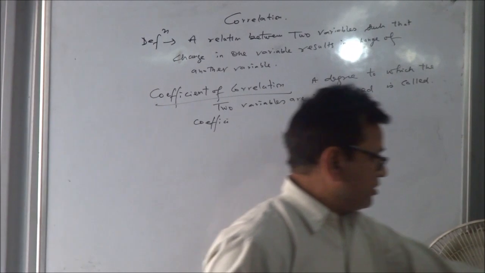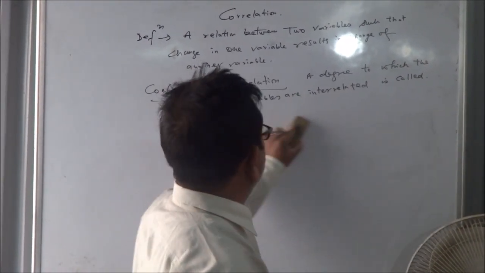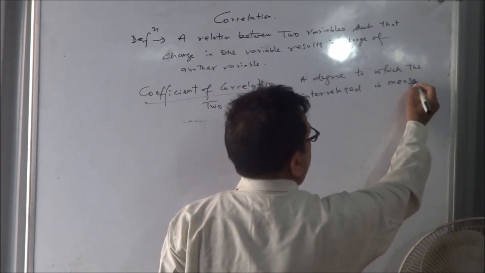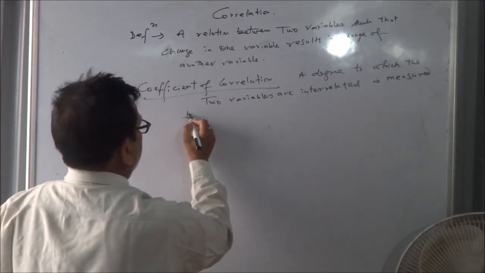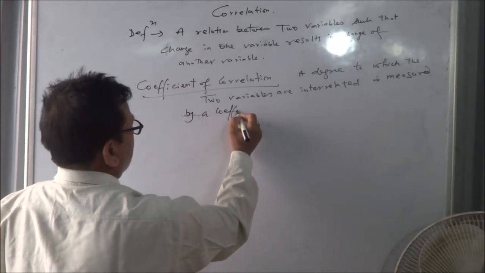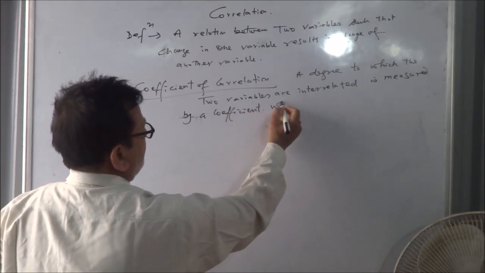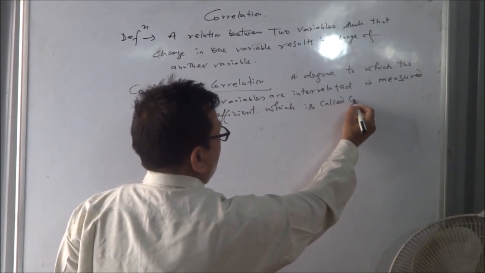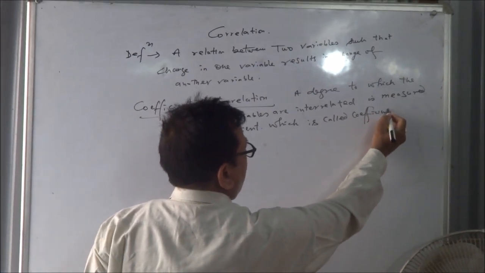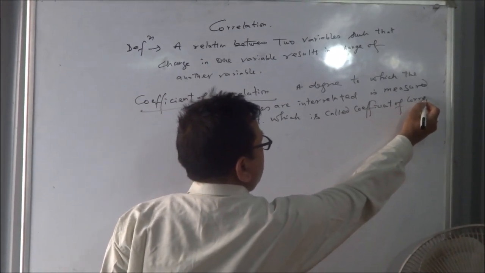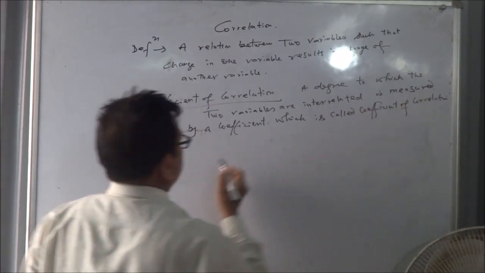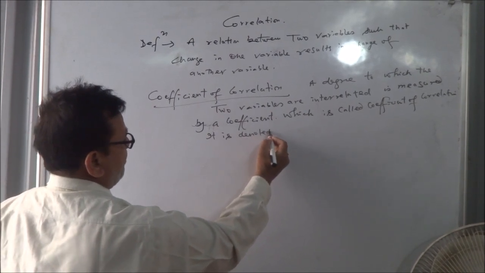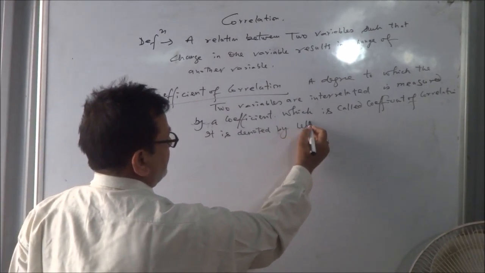A degree to which the two variables are interrelated is measured by a coefficient, which is called the coefficient of correlation. It is denoted by the letter small r.